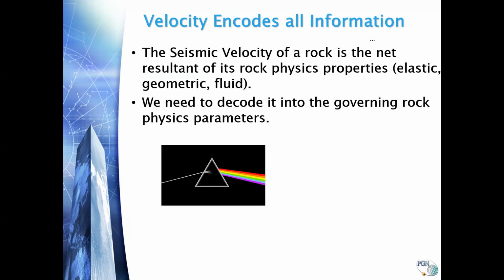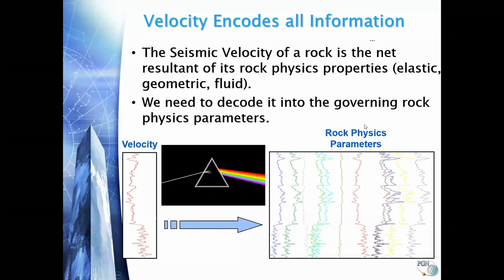Similar to white light, which is a composite light and a mixture of rainbow colors, and through a prism we can split it into those rainbow colors, similarly we can split the velocity into its constituent components. So if this is the velocity, we can break it up into a range of elastic parameters.